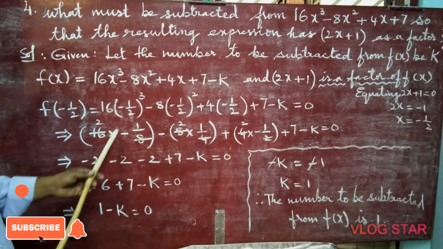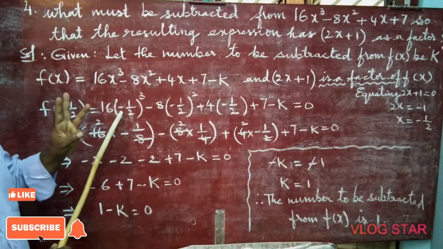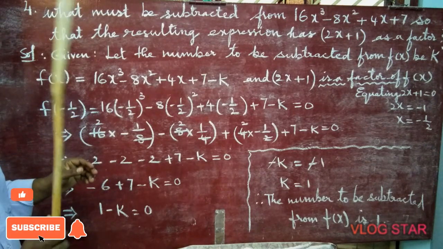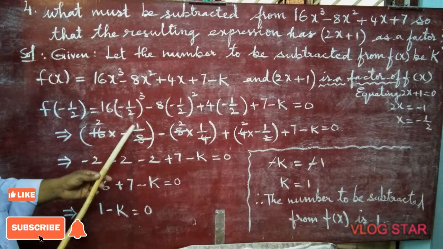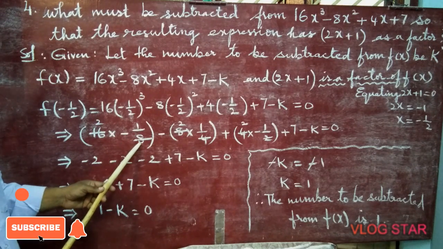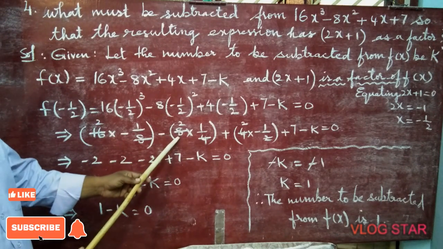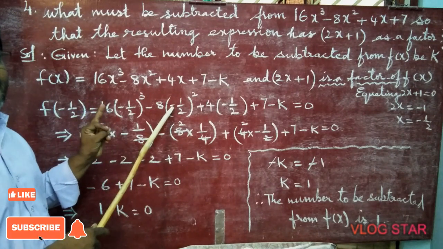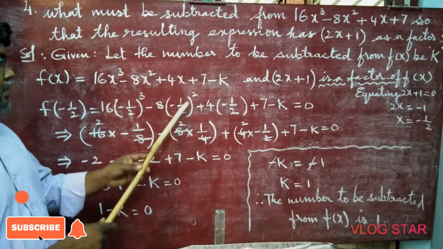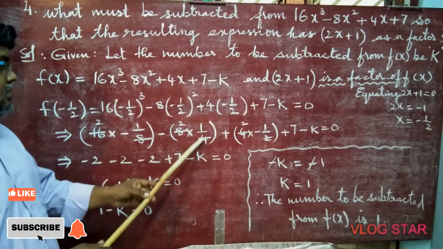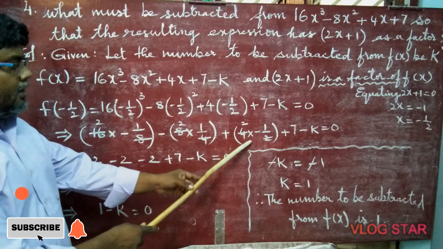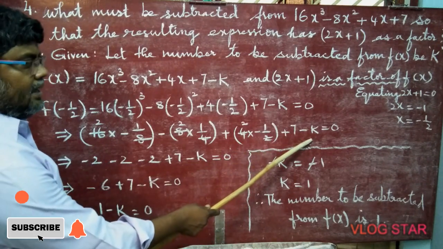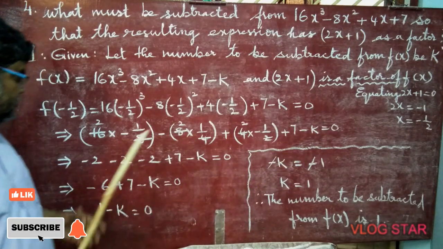Implies 16 into minus 1 by 2 cubed: 3 times we are multiplying, minus into minus into minus. So minus into minus is plus, plus into minus, again minus comes. 1 cube means 1, 2 cube means 8. Minus 8 into here minus we are multiplying 2 times, minus into minus plus. 1 square means 1, 2 square means 4, plus 4 into minus 1 by 2 plus 7 minus k is equal to 0.